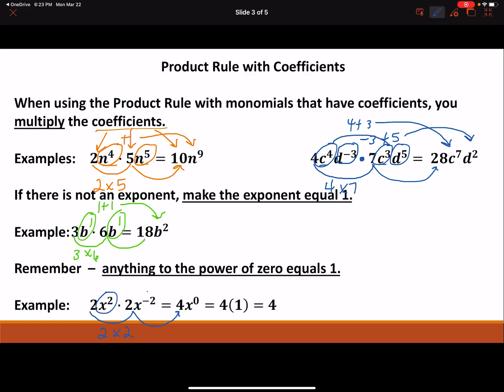And then I'm going to take those variables and add their exponents. And if you notice, these exponents are opposites, so they're going to give me 0. So x to the 0 power is the same thing as 1. So basically 4 times 1 is the same thing as just simply 4. So you may not even see the variable in the final answer.